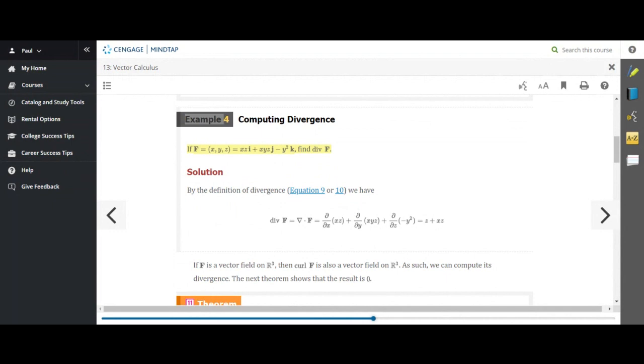So what they're doing is computing those rates with respect to x, y, and z: the rate of the P component with respect to x plus the rate of the Q component with respect to y plus the rate of the R component with respect to z. Add that up and you'll get z plus x times z. That's your divergence.